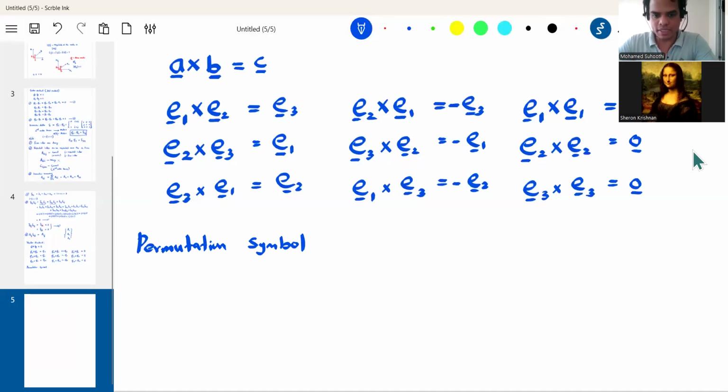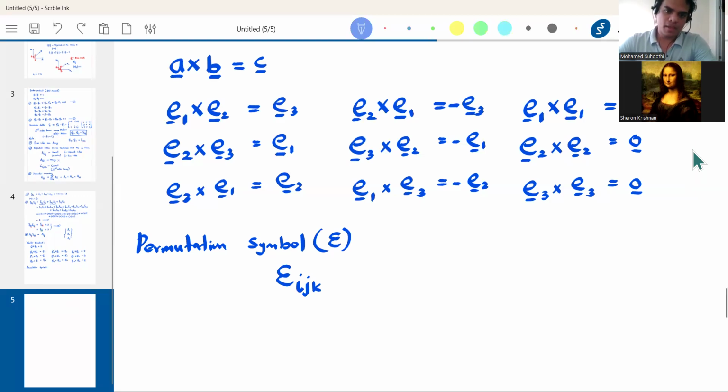The permutation symbol, we write like this: epsilon IJK. So actually, the permutation symbol is this one.